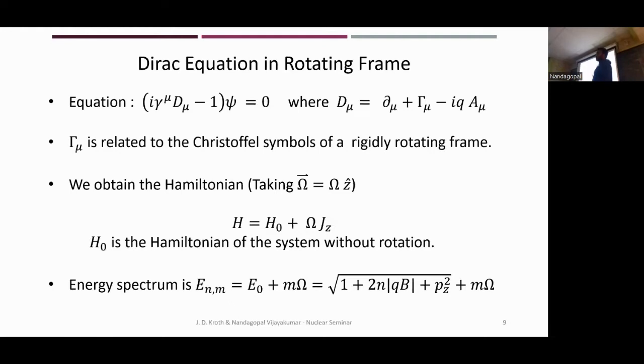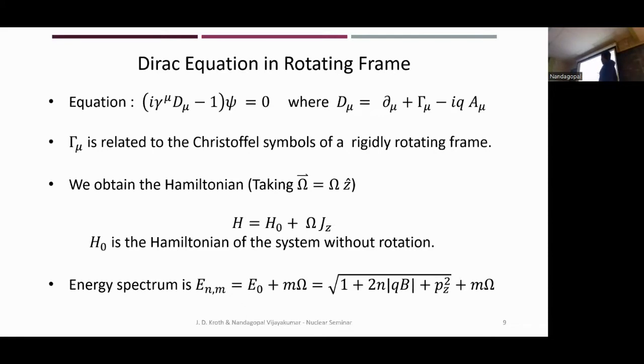This additional term will be omega dot J. We'll take the rotation vector to be along the z-axis, along the axis of the magnetic field, and that gives us omega J_z. So surprisingly, despite the Dirac equation and all the quantum mechanical approach, the effective rotation is just the same as in classical mechanics.